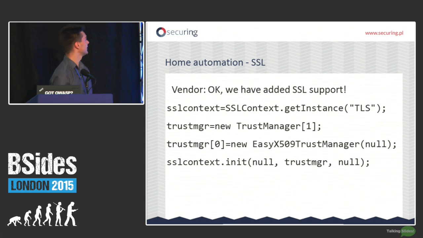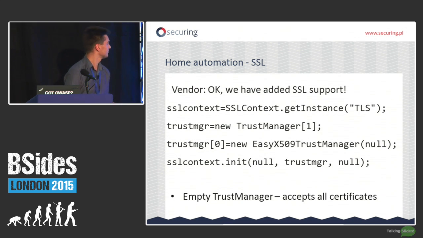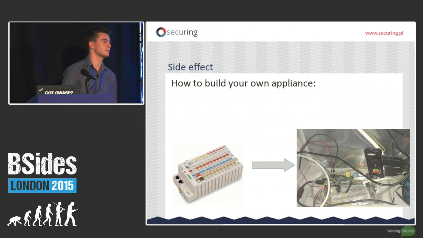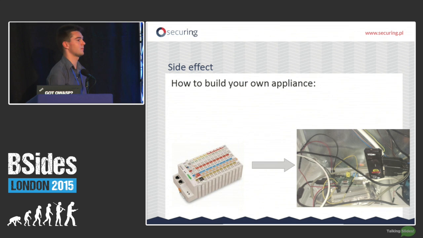Okay, here's a funny thing. So my friend, who is actually building his own smart home, didn't want to buy a big appliance, which was very expensive. Actually, this box just cost about £1,000.